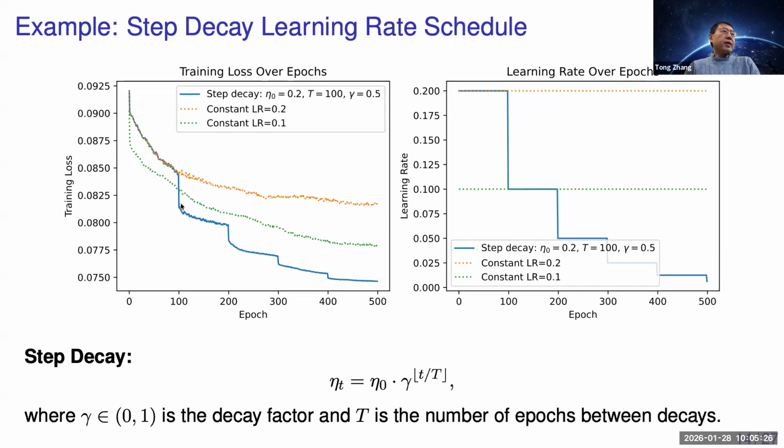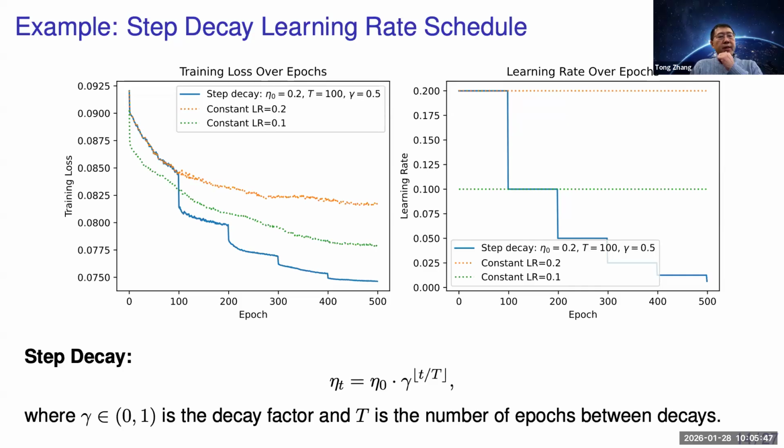When you decay, sometimes you see an immediate drop, because the noise gets smaller, and the combined effect turns out to be a drop. Here is just the learning rate schedule itself, which you can observe.